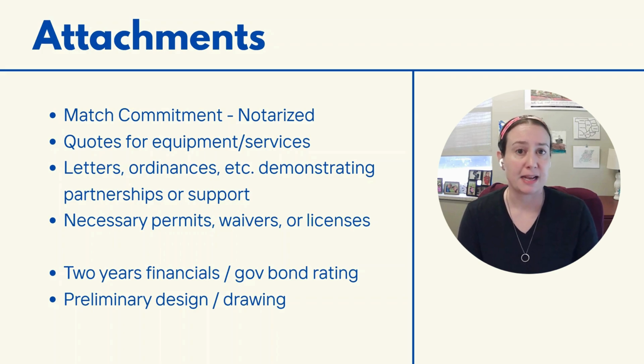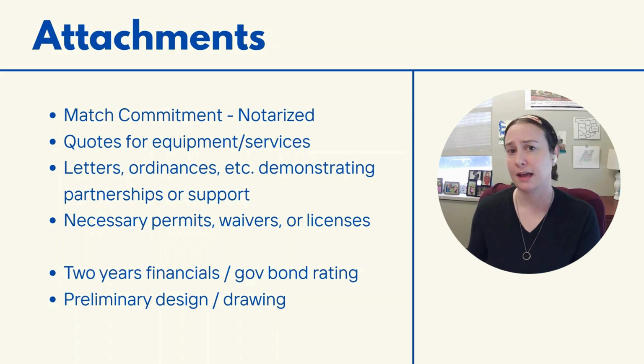Now we've got a little space there because these last two attachments are only for projects over $50,000. So you have 2 years of financials or a government bond rating. And these financials, it could be from a public audit that has been done, or it could be just something from your accountant. It really depends on the entity what that's going to look like.